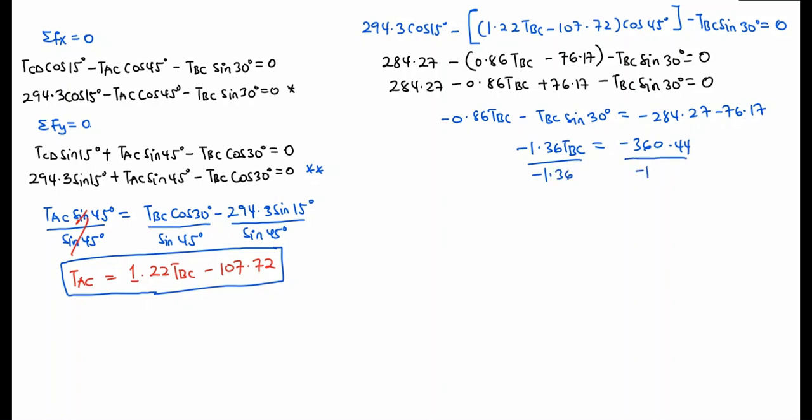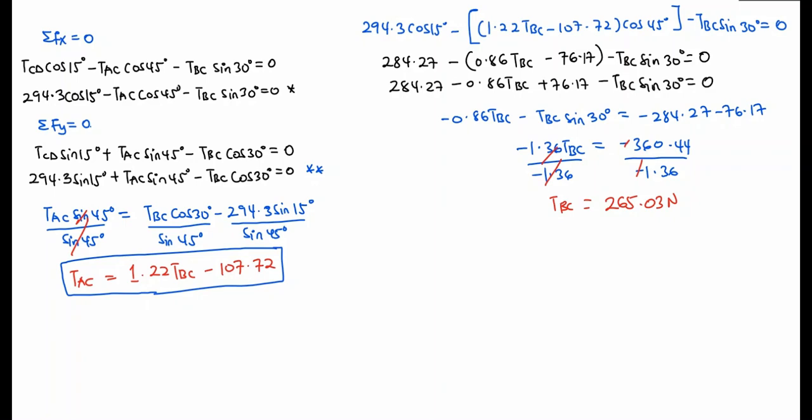So this will cancel out this, and then we are going to have TBC equal to, the negatives cancel out, 360.44 divided by 1.36. Okay, so that gives us a value of 265.03 Newton. Okay, this is what we have for TBC.